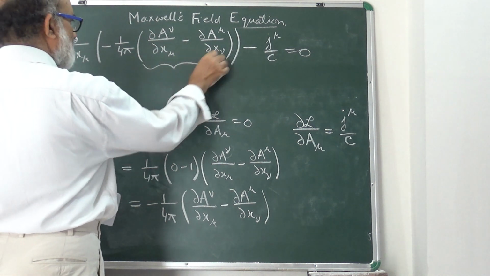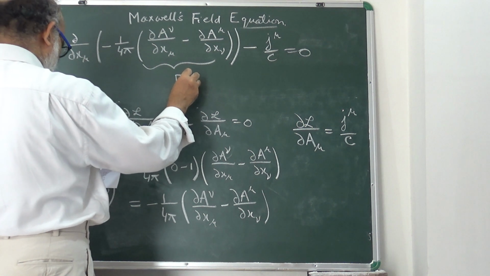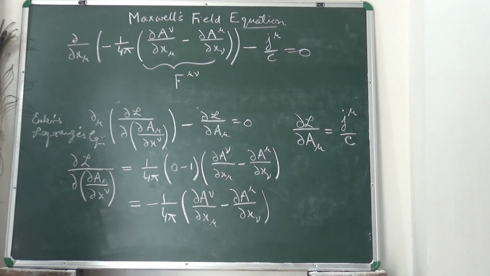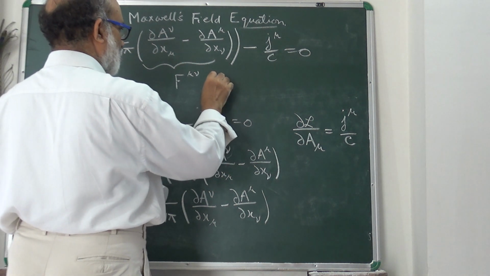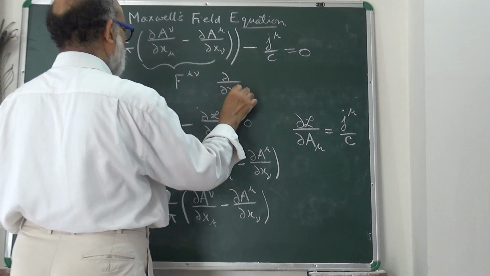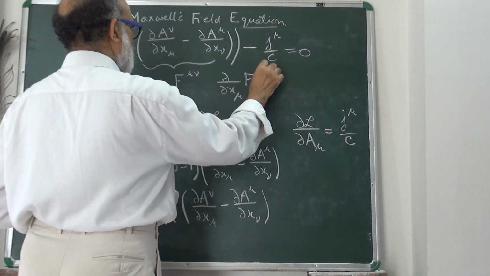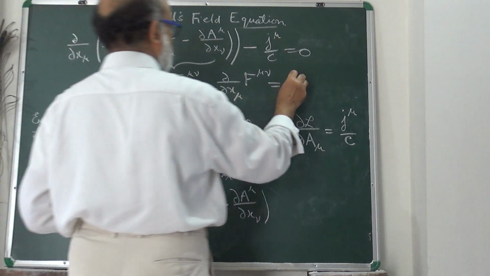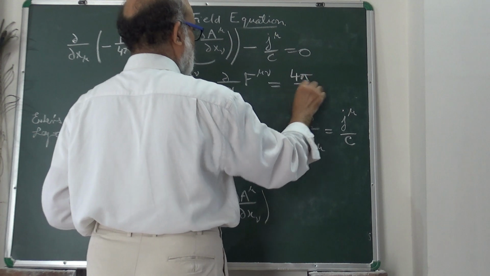This is F mu nu. So we can write it in the compact form: del by del x mu of F mu nu equals 4 pi by c j nu.